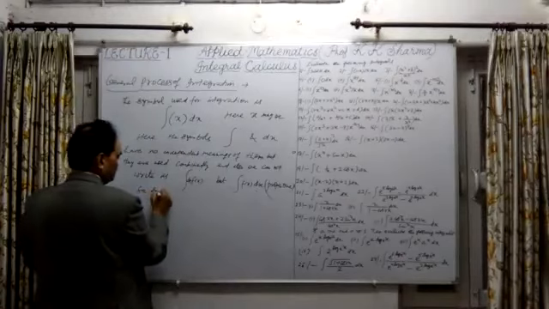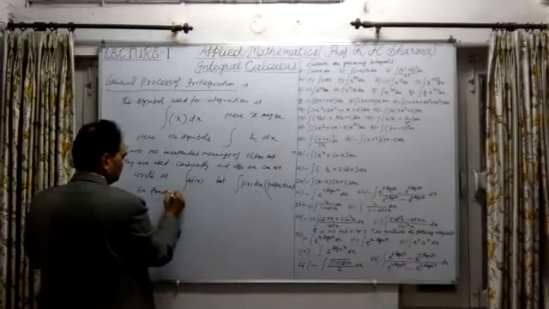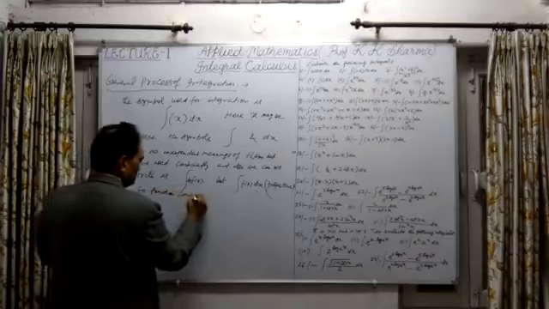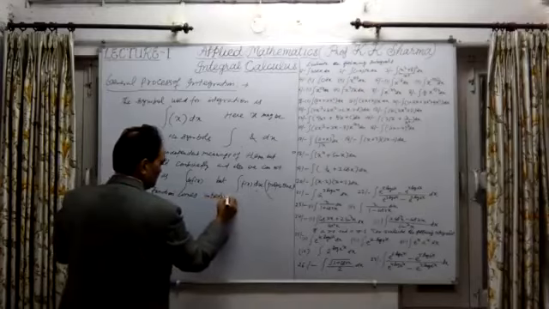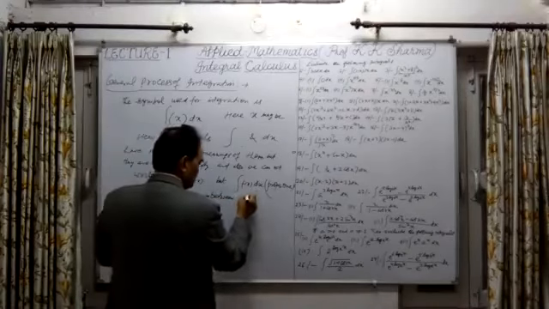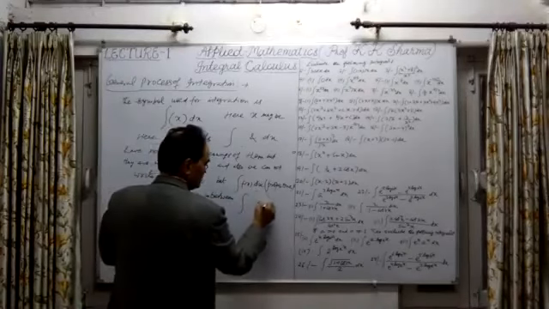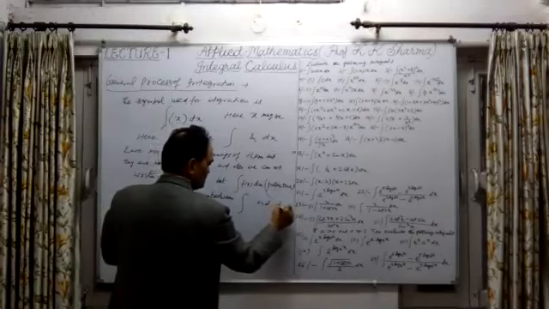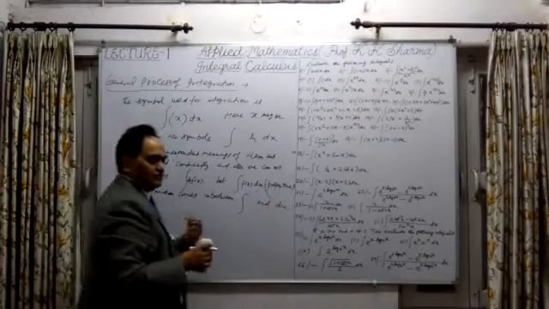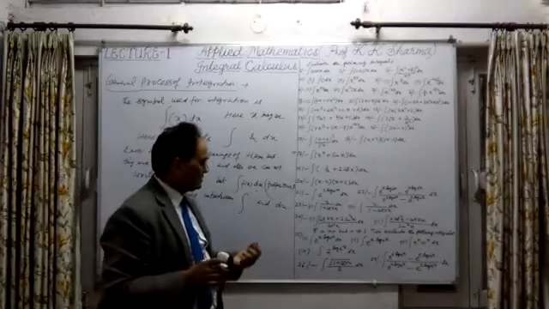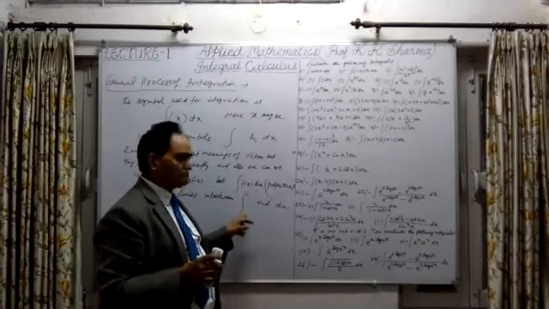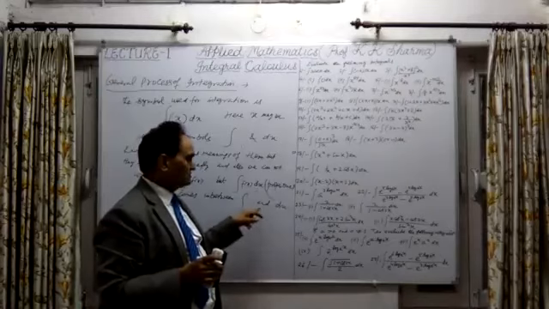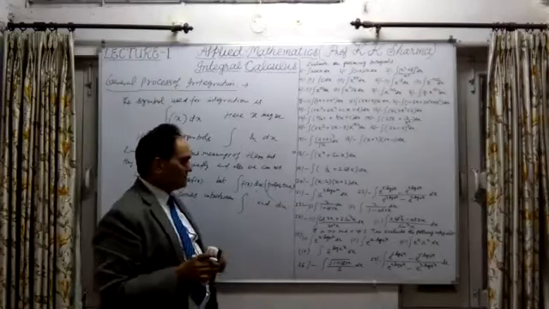So the function comes in between the symbol and the dx. dx cannot precede the function f(x). f(x) precedes dx. The symbol precedes the function, the function precedes dx, and dx is in the end.